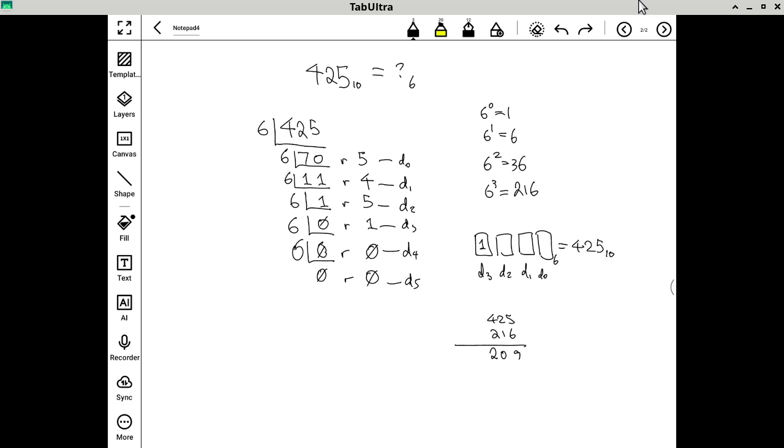Okay, all right, so now we have 209 divided by 36. And I think that's a 5 because 5 times 36 is 180, with a remainder of 29.